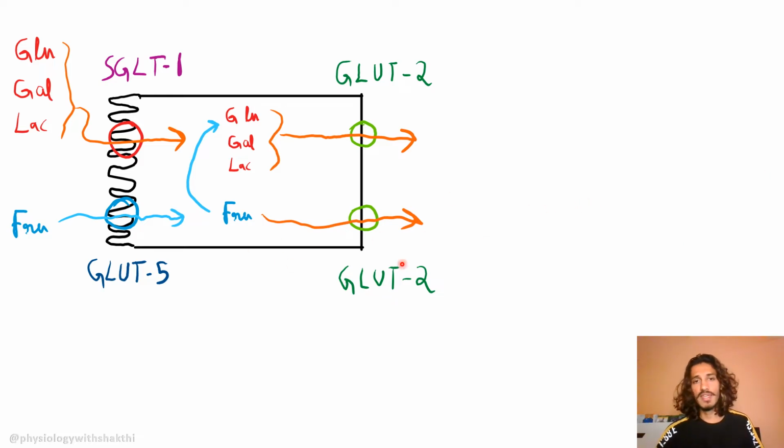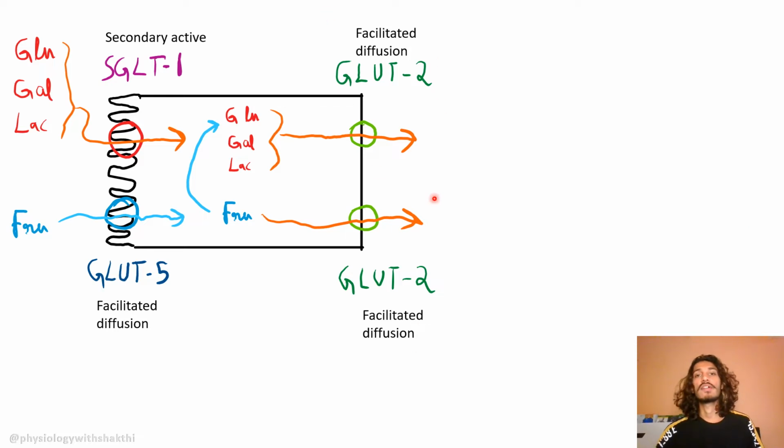Either way, it can go out eventually as fructose itself, or get converted to glucose. This is an example of secondary active transport, and these are all facilitated diffusion. So a lot of questions can come interchangeably from rearranging this. So this is pretty important.